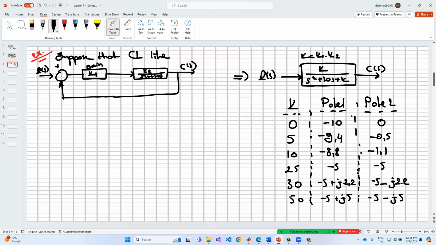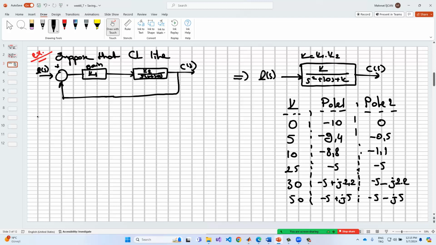Okay, so we can change K in an arbitrary way in here. We can choose also 100, but how can we visualize these results in a graph?